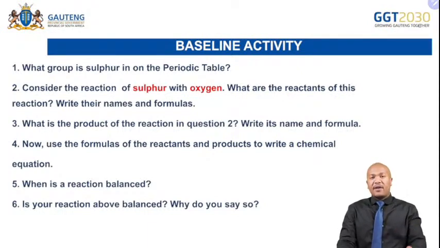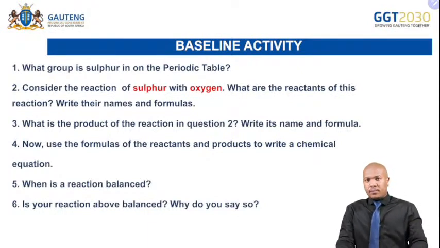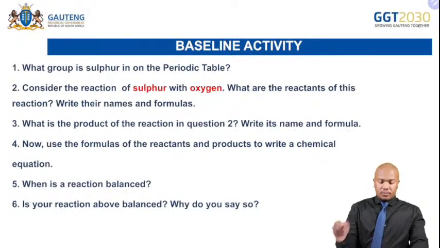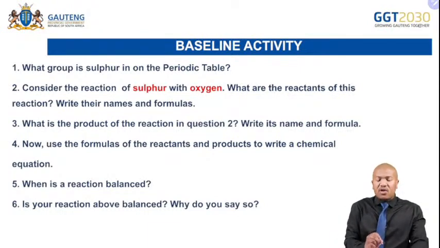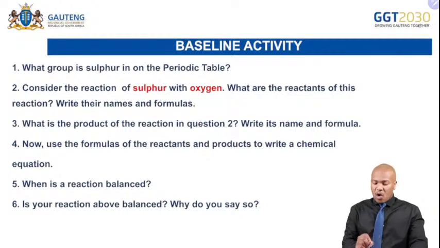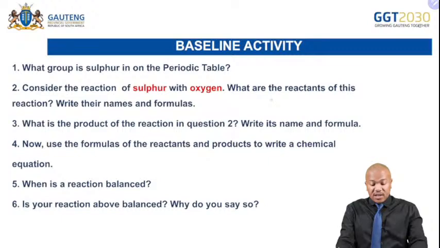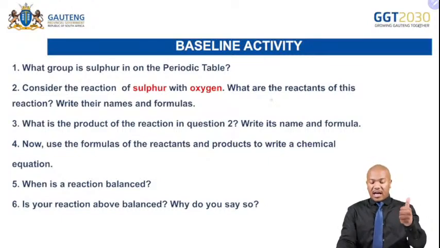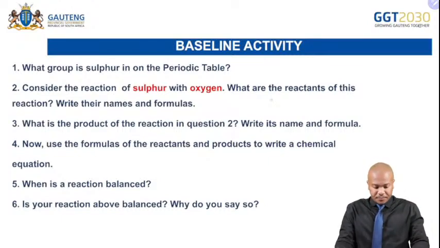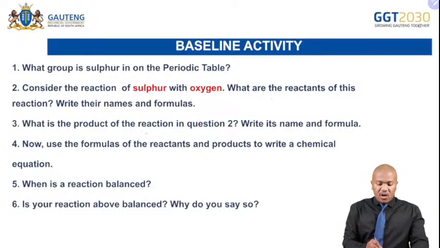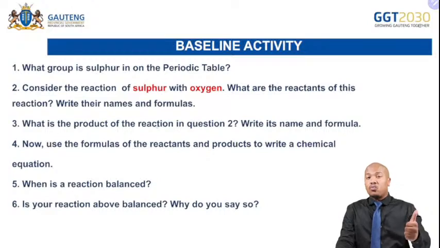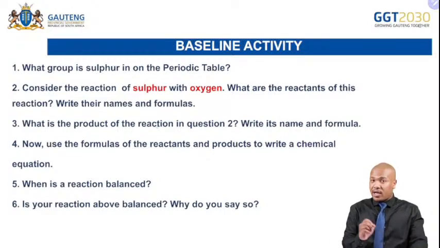Number 2, consider the reaction of sulfur with oxygen. Then you tell us what the reactants of this reaction are. You have to write their names and formulae. Number 3, what is the product of the reaction in question 2? The reaction of sulfur and oxygen.